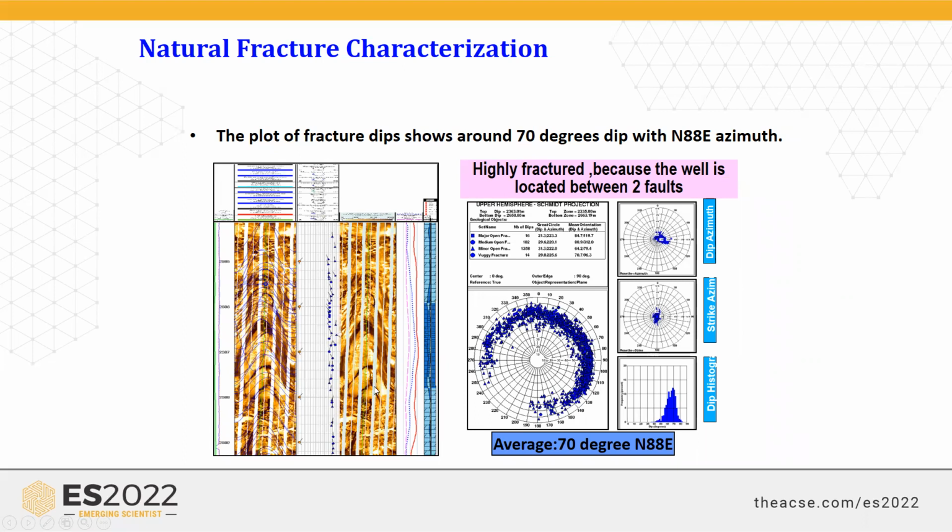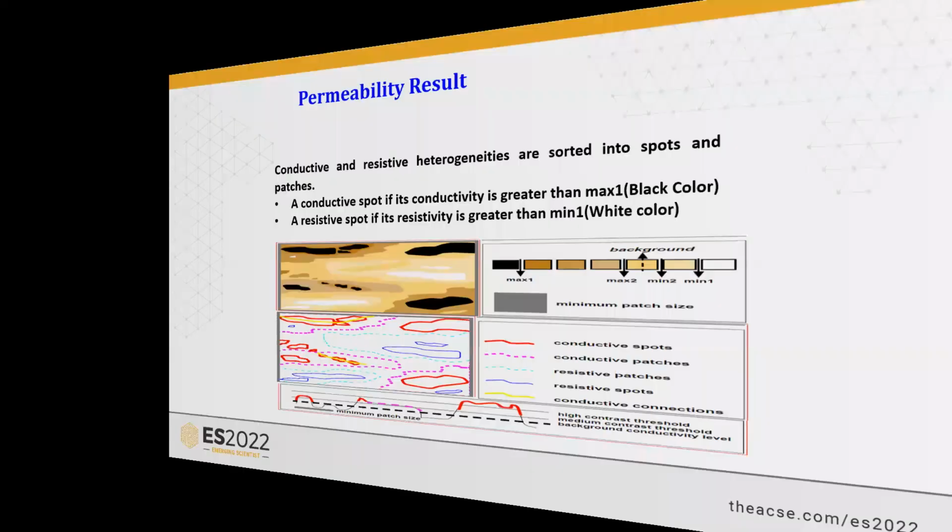After studying in BoreView, you can see many types of fracture around the stereonet, and the dip of the fracture is 70 degrees toward north 88 east.